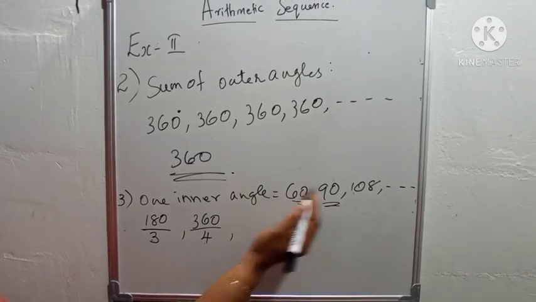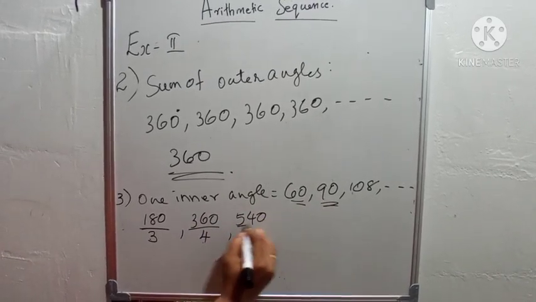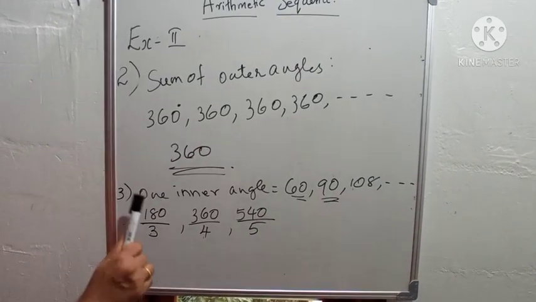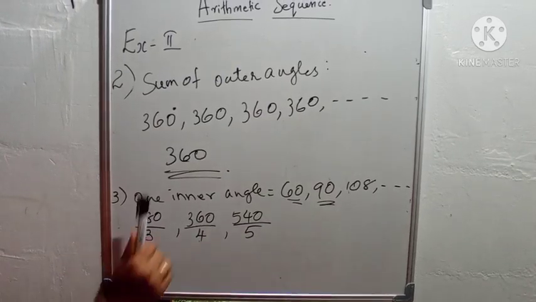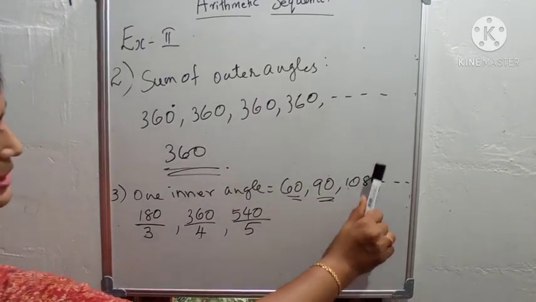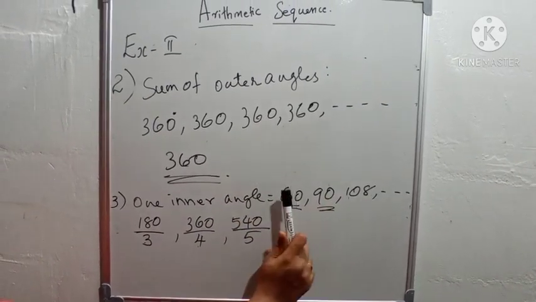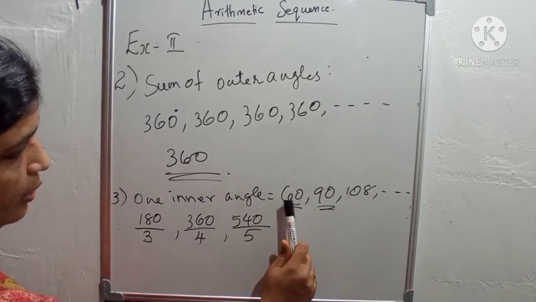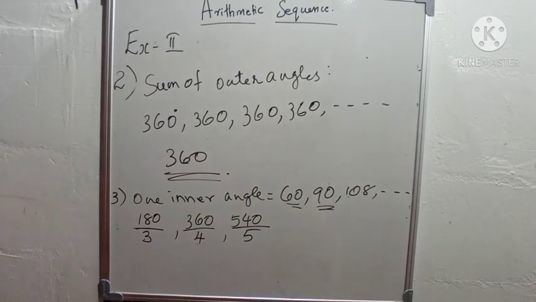Then what about this 108? That 108 is actually 540 divided by 5. That means the sum of inner angles divided by the number of angles gives one angle of these regular polygons, and these inner angles form a sequence with the terms 60, 90, 108, etc.